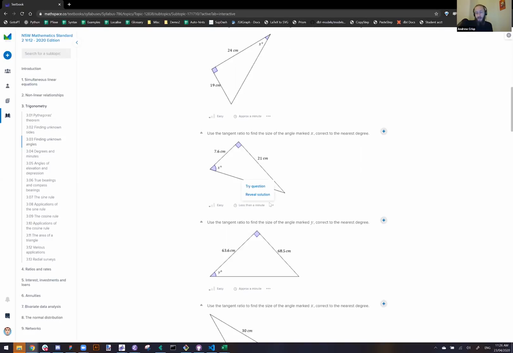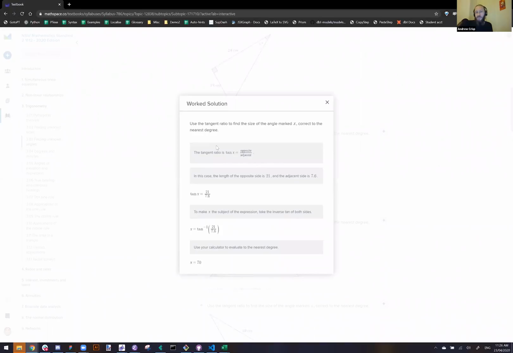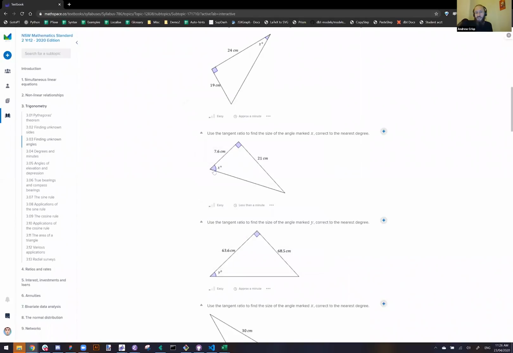So I can, and you can do this for yourself from the Mathspace textbook, just pop open the solution and notice that we have, these are the hints that you would get from here. Tan x is the opposite over adjacent. The opposite side in this particular question is 21. The adjacent is 7.6. And because I know the opposite and the adjacent, I use tan.